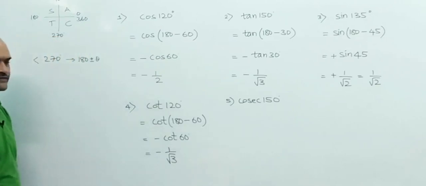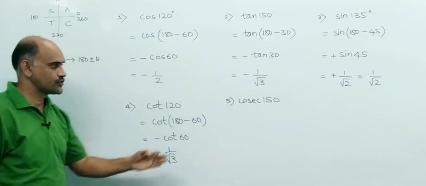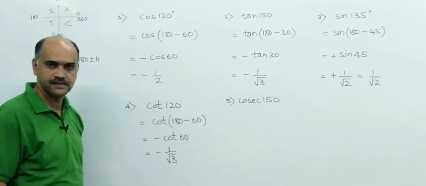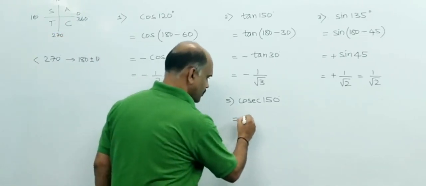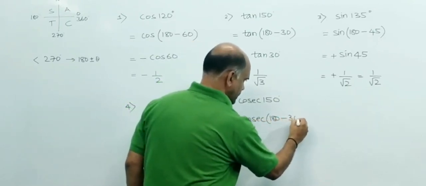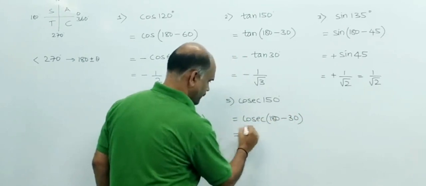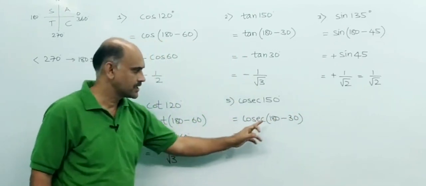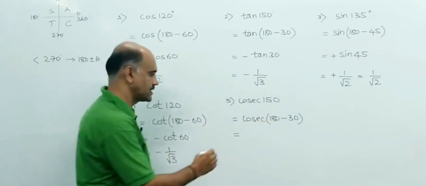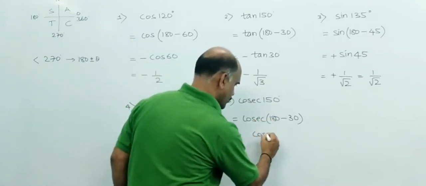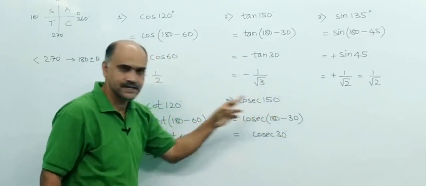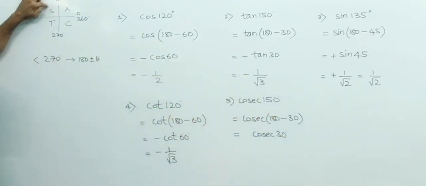Cosec 150 degree. So 150 I can write it as 180 minus 30. So you will have cosec 180 minus 30. Now again you leave this 180, so what remains is cosec 30. 180 minus means again it is in second quadrant.